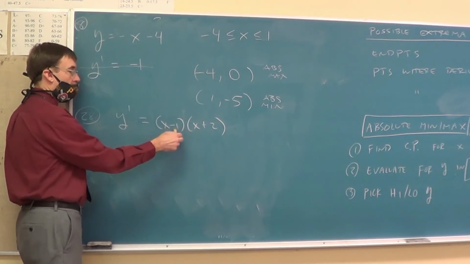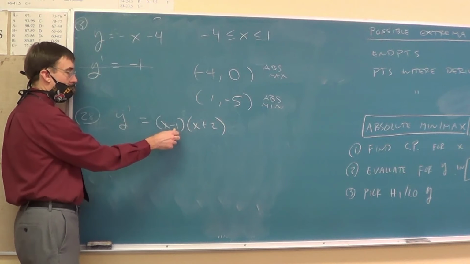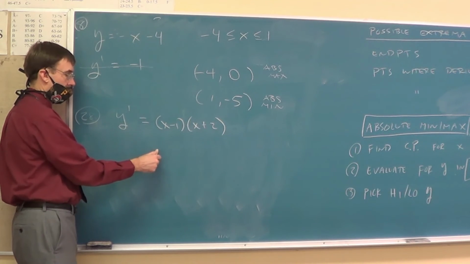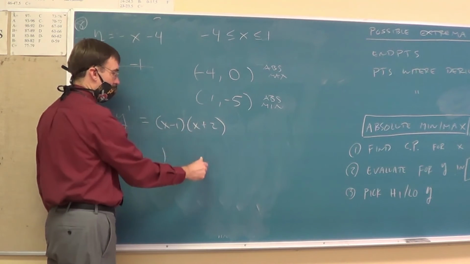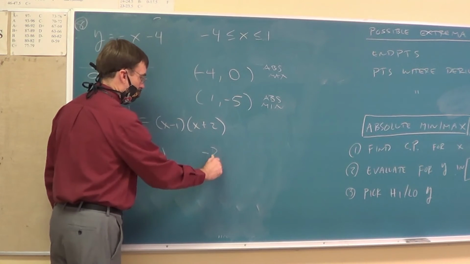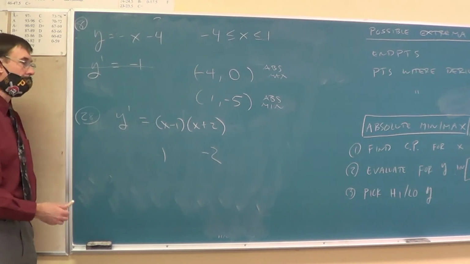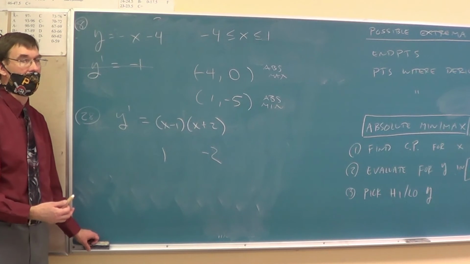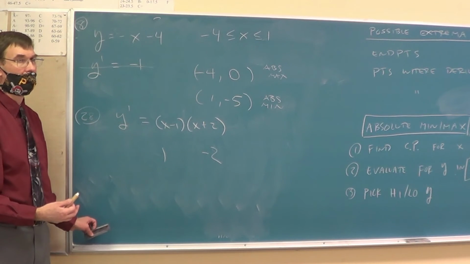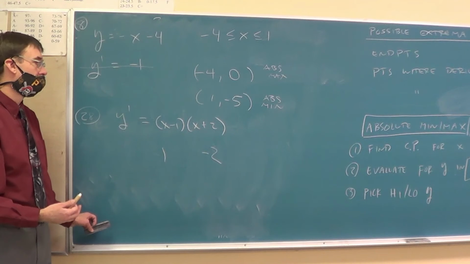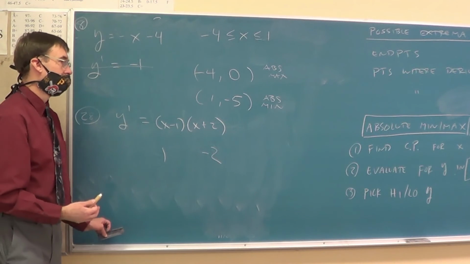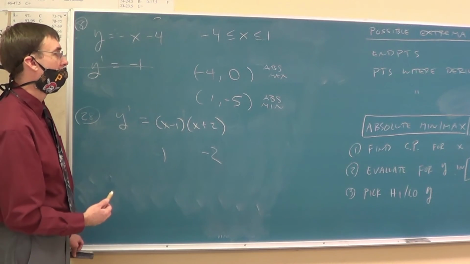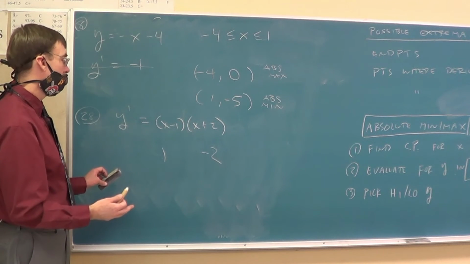We've got to figure out what could make these 0. What makes this 0 would be 1. What makes this 0 would be -2. And if I do this, I'm already wrong. I've already wrecked myself. Why have I wrecked myself already? Check the details on step 1. If you do the derivative is 0... No, we're okay.